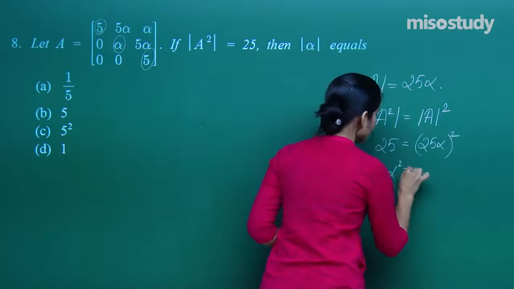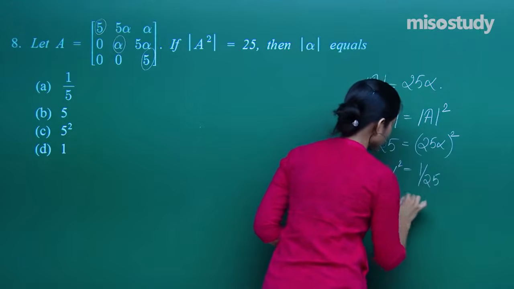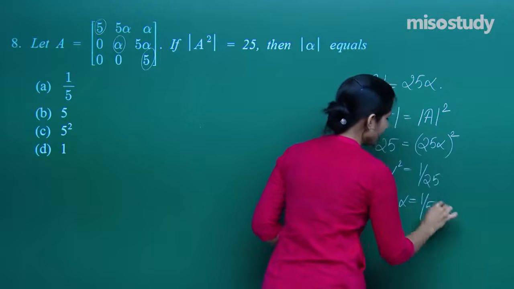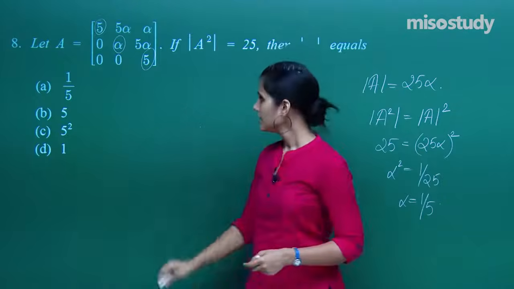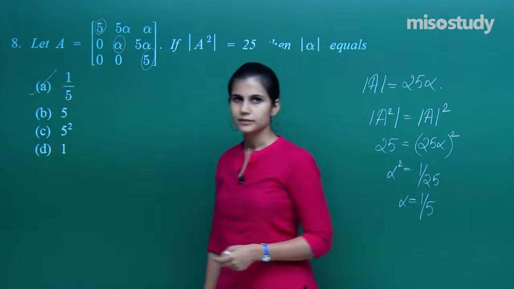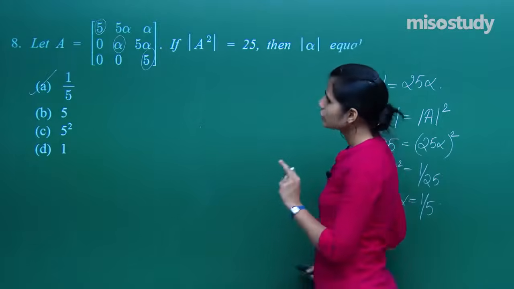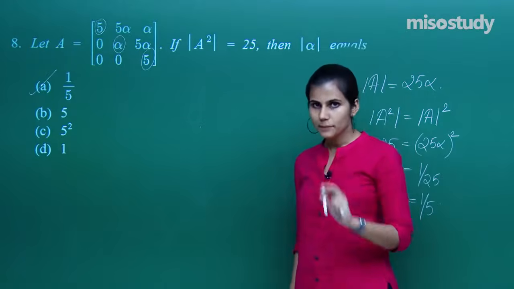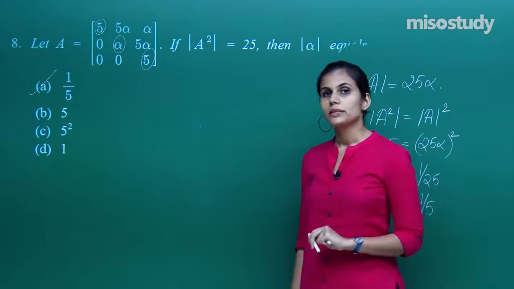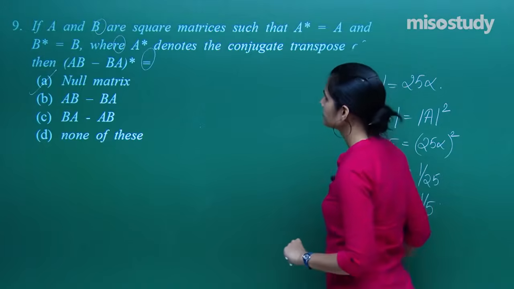You are going to get alpha square is 1 by 25, alpha is 1 by 5, and that is your answer. Fine. So easy enough question, only the concept used is that if you have an upper triangular matrix, then the determinant will be the product of its diagonal entries.